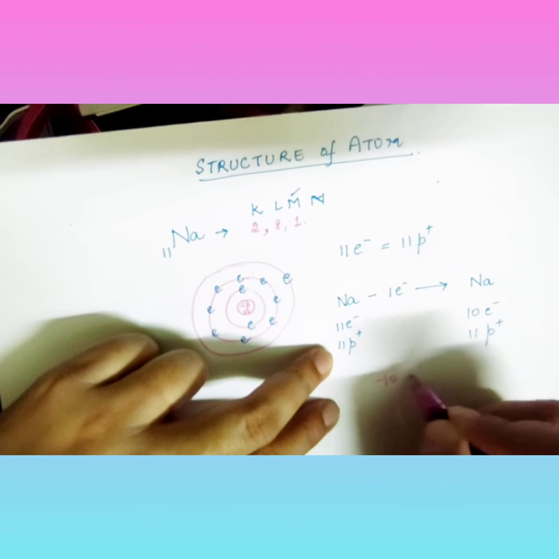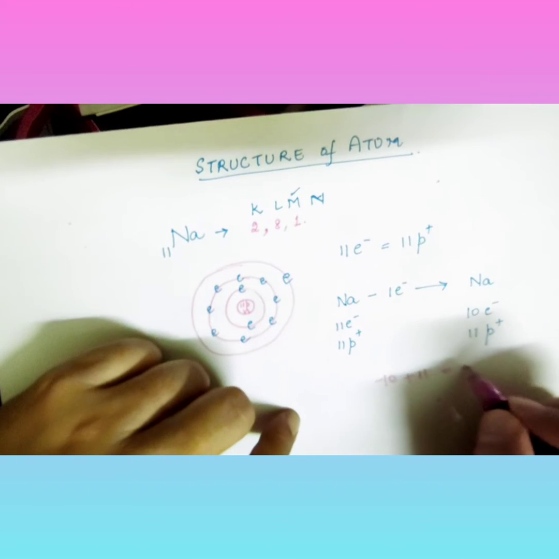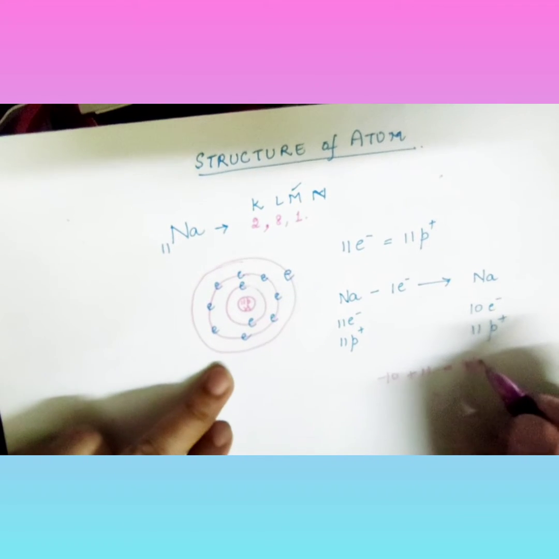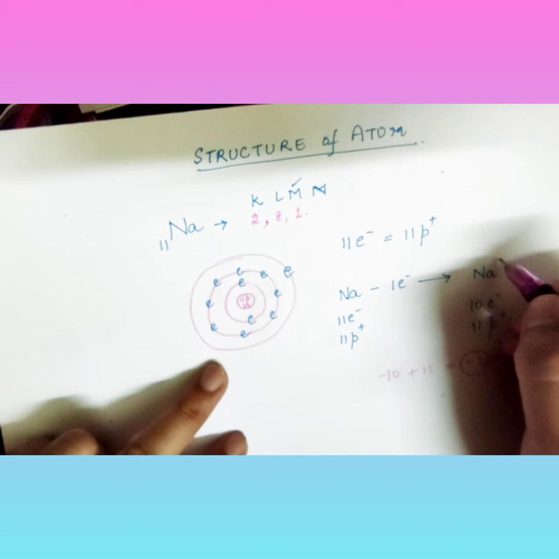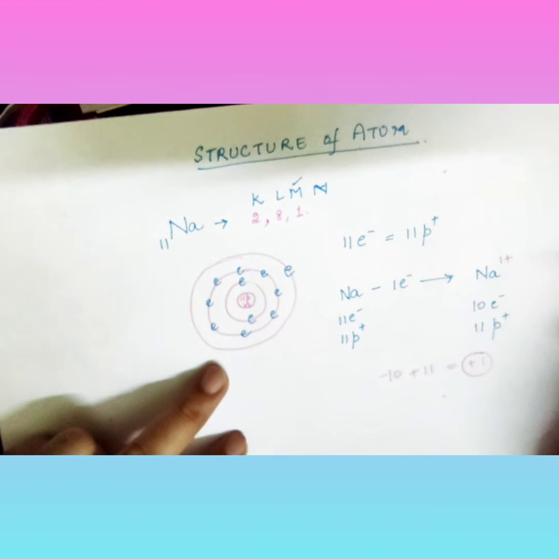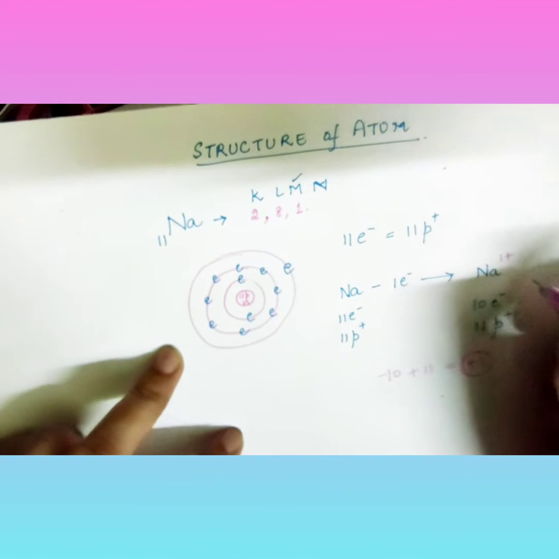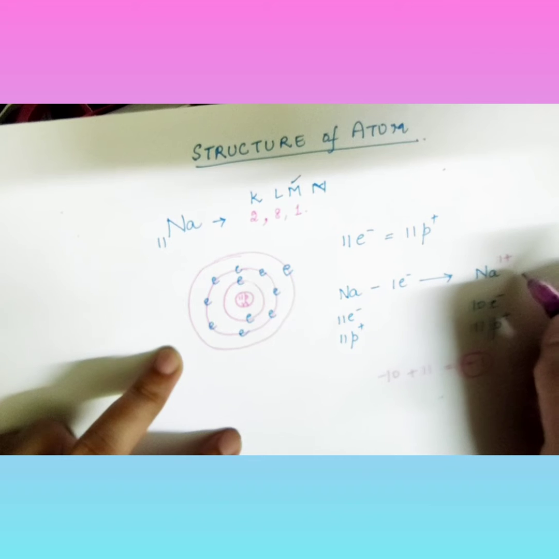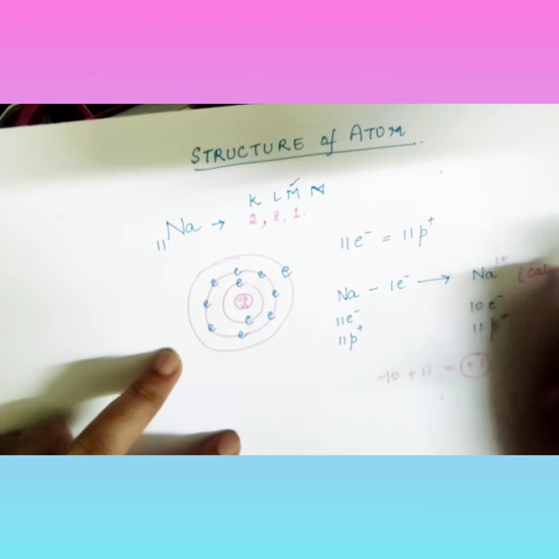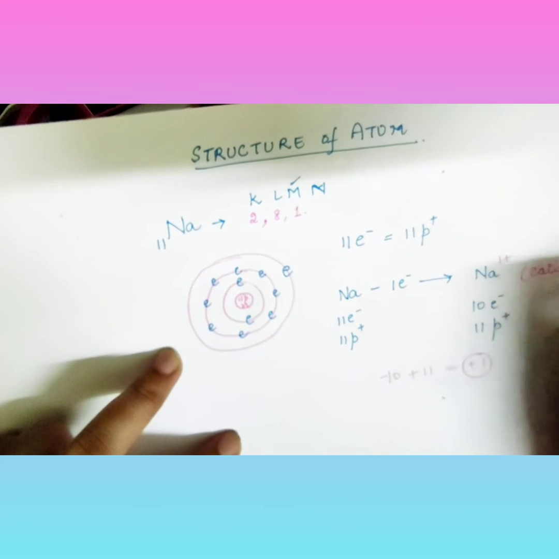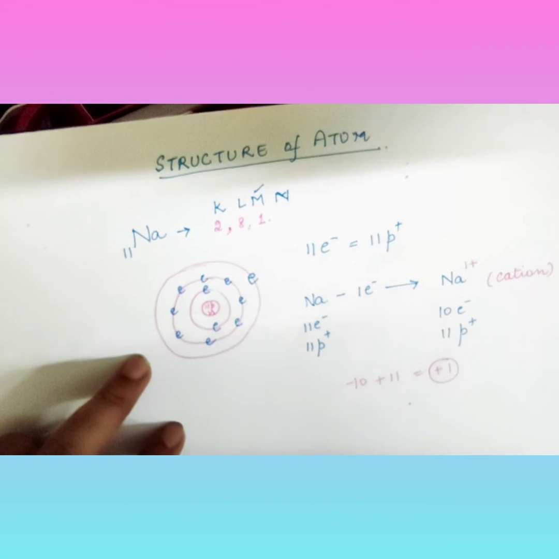Minus 10 plus 11, the resultant will be plus 1. So this plus 1 now is the charge on this sodium atom, and the sodium atom no longer remains an atom, it becomes a cation. A cation is the ion with the positive charge on it.